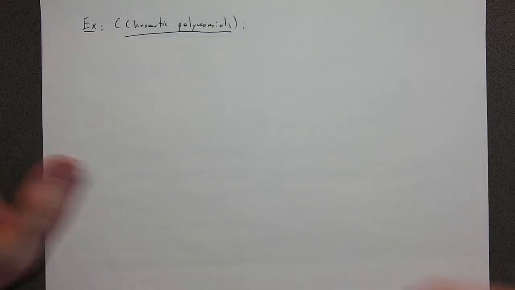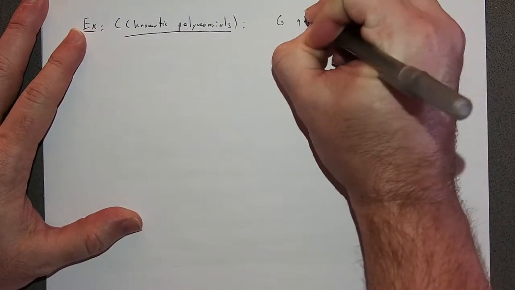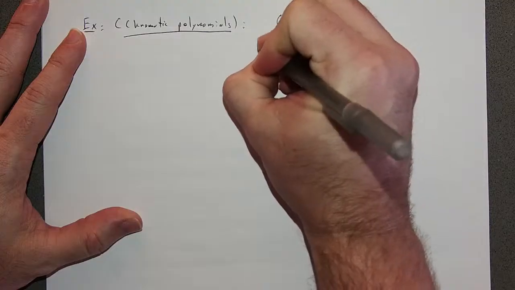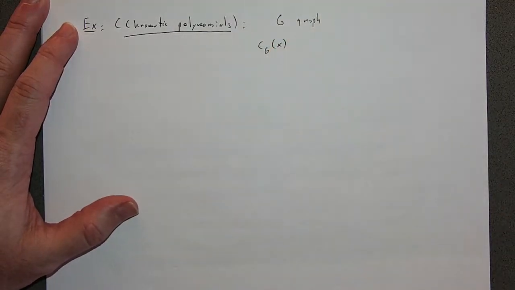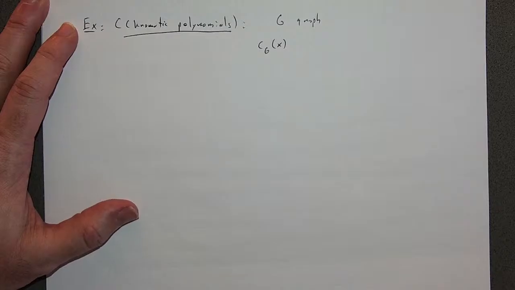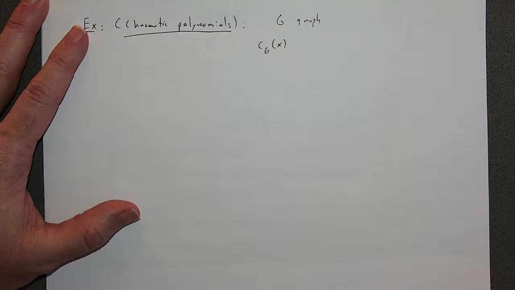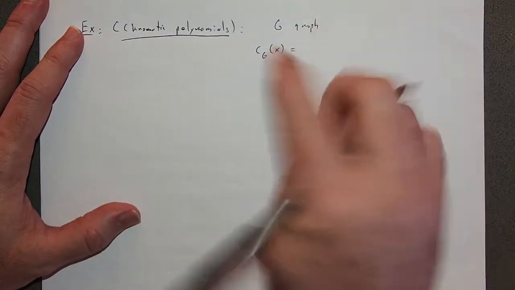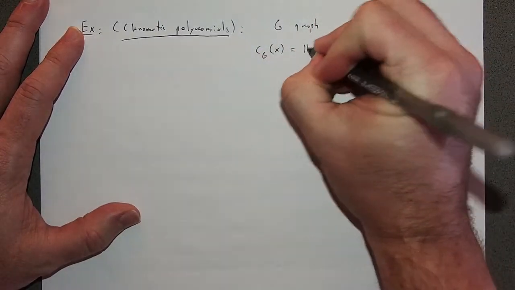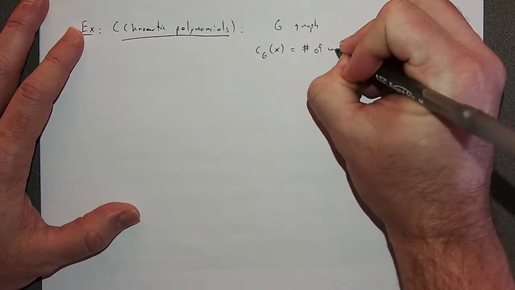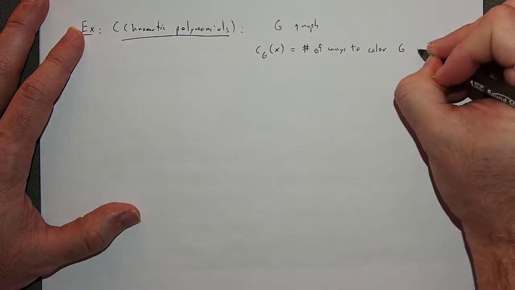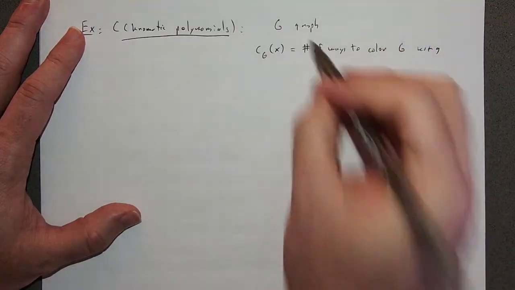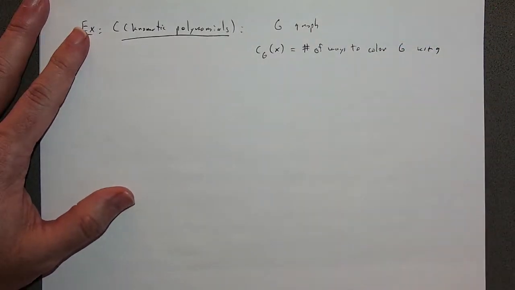If we let G be a graph, recall that the chromatic polynomial of G in variable x is the number of ways to color the vertices of G using at most x colors in such a way that no two vertices connected by an edge have the same color, right? That was what this was. Remember, this is vertex coloring, not edge coloring.